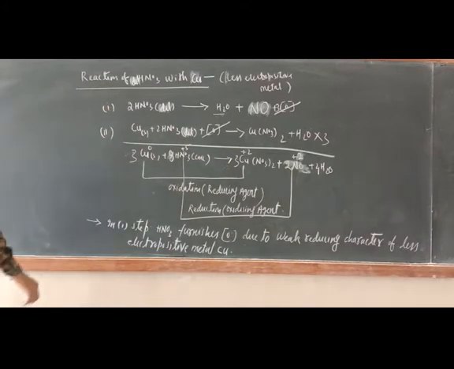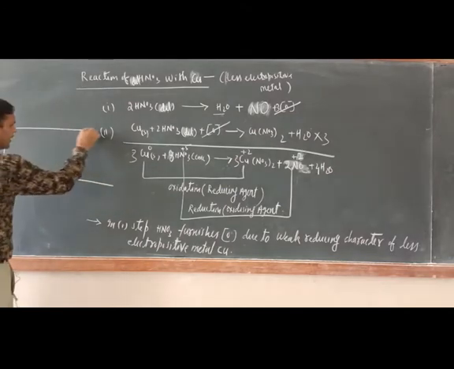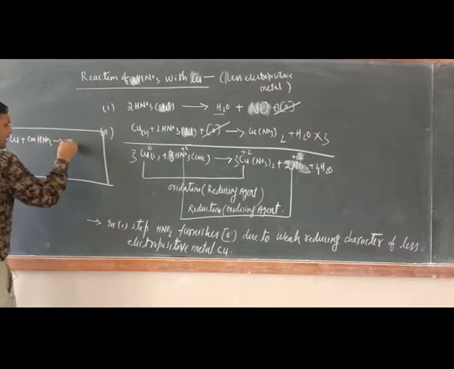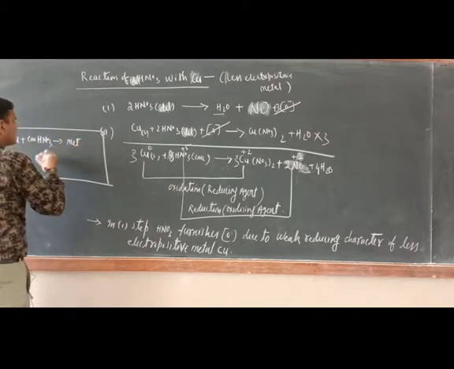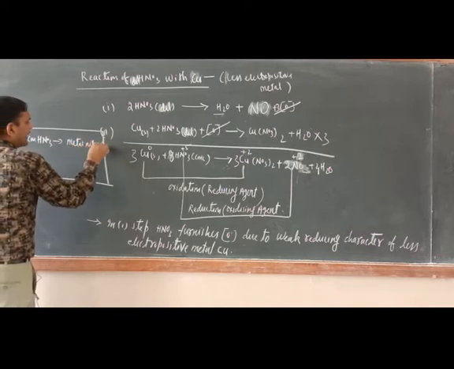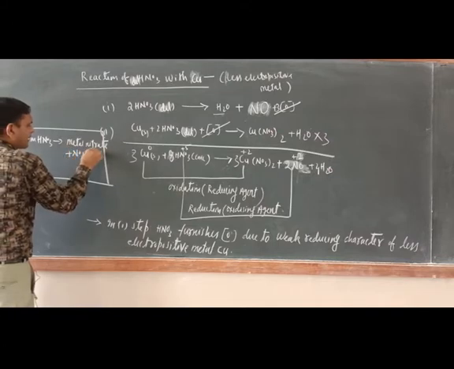So ultimately, what is the conclusion now? Just see here. In the conclusion you can write: copper plus conc HNO3. What about the product? Metal nitrate, meaning copper nitrate, plus NO2 plus water.